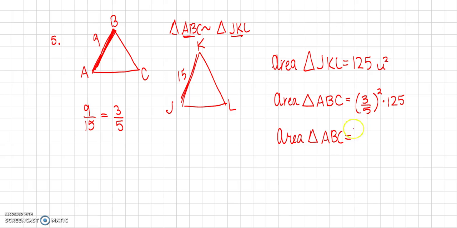Squaring 3/5, 3 squared is 9, 5 squared is 25. When you multiply 9/25 by 125, you get 45 units squared. So the answer is E.